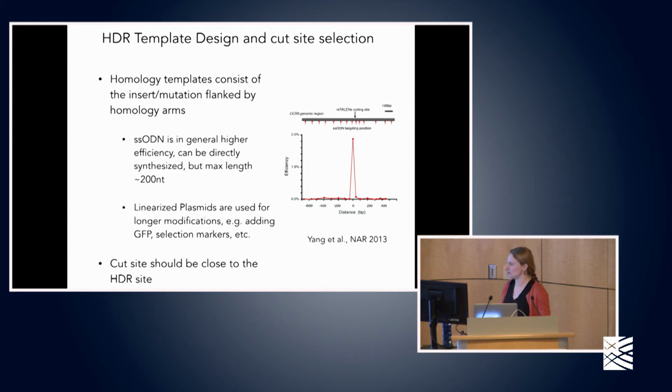One key thing to note is that your cut site should be close to your HDR site. In this one example here, the authors found that approximately a 30 base pair window of your cut site to your modification site is optimal for HDR.